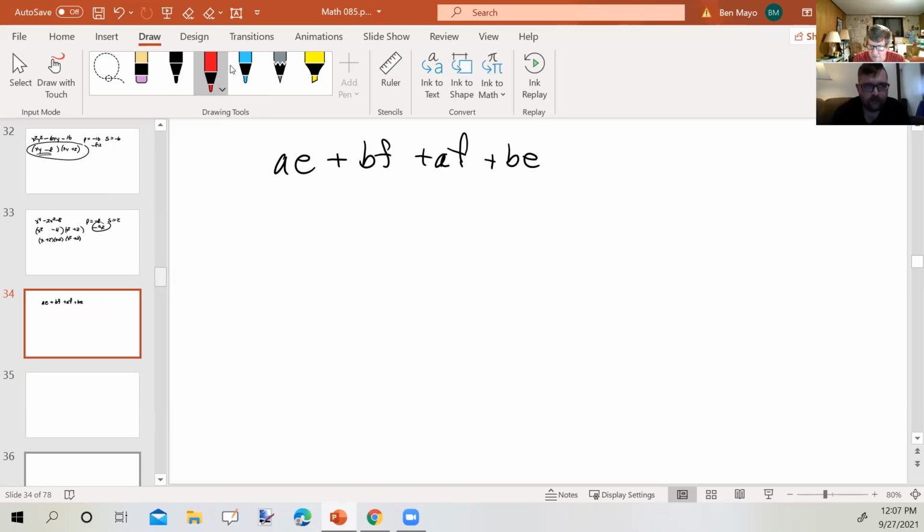Other than just a 1. All I can take out is a 1. That's not going to work. What if I rearrange the terms? Let's see. How about if we put the ones with A together and then the ones with B together?